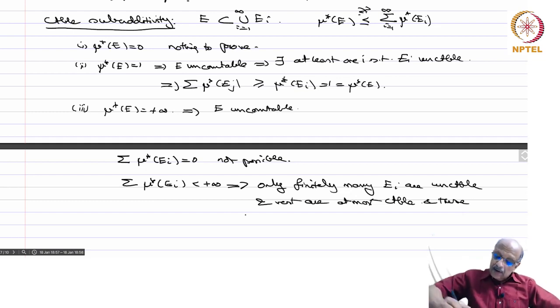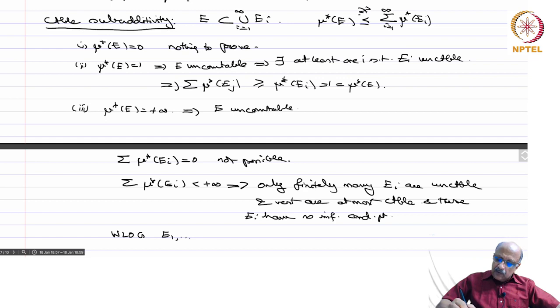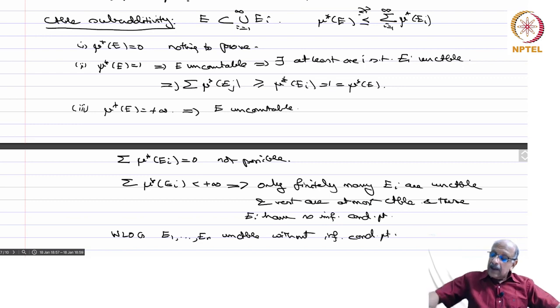And these EI have no infinite condensation point. So let us assume, without loss of generality, that we renumber them: E1 to En are uncountable without infinite condensation point, and Ej for j greater or equal to n are all countable.